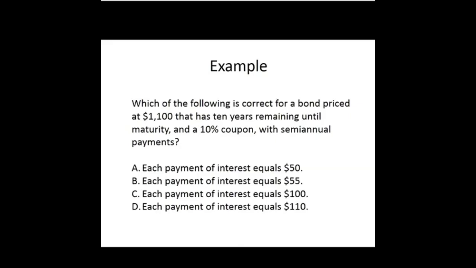The interest payment, the coupon payment, is a function of the coupon rate and the par value of the bond. So the par value of the bond is $1,000, and 10% of $1,000 means the bond pays $100 per year in interest, but this is divided up between 2 semi-annual payments of $50 each.